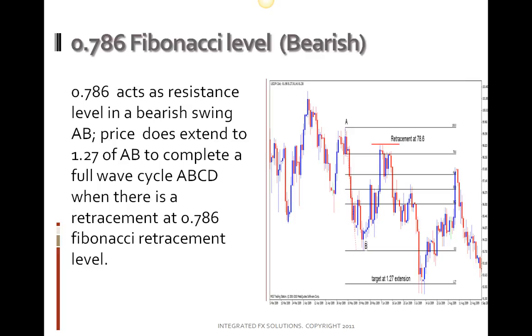Now when price got to 78.6 of AB, with our previous knowledge, we should be able to envisage the possible price extension, and that's what Fibonacci does to our trading. Price got to the 1.27 extension. This is awesome.